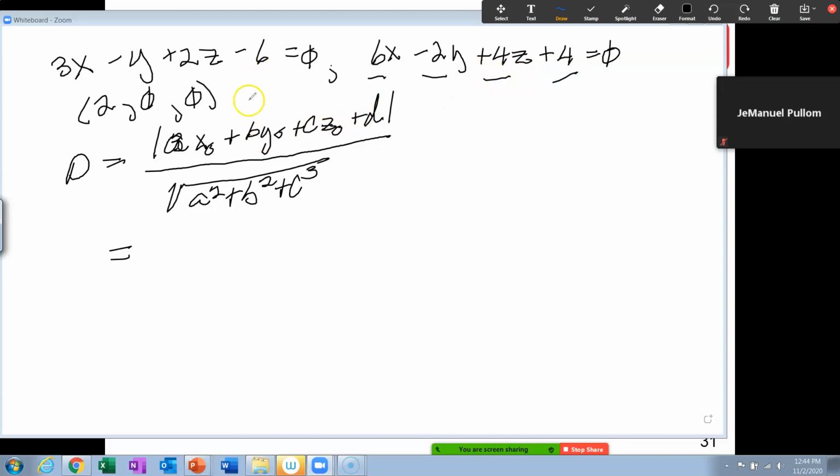The plane that's there and the point that's here. So let's do this one. The absolute value of 6 times 2, well, that's an absolute value sign, plus, and it doesn't really matter here because our y and z are both 0, plus 4 times 0, I'm sorry, that's a minus 2 times 0.